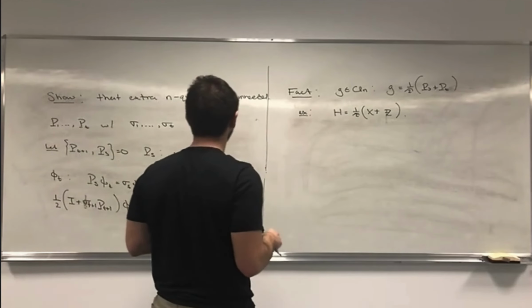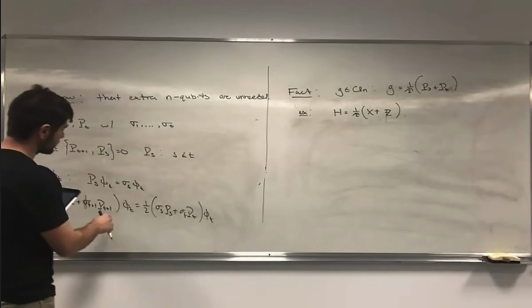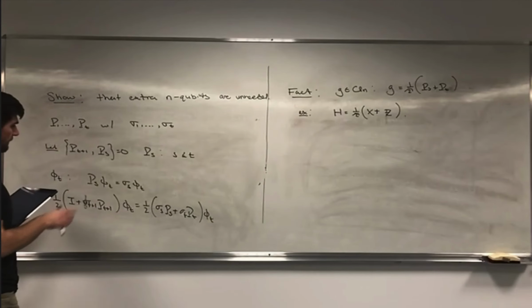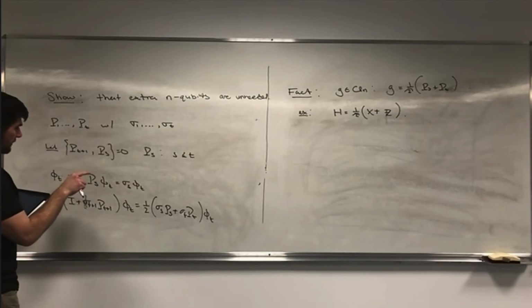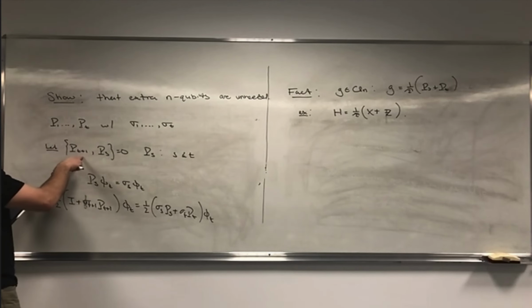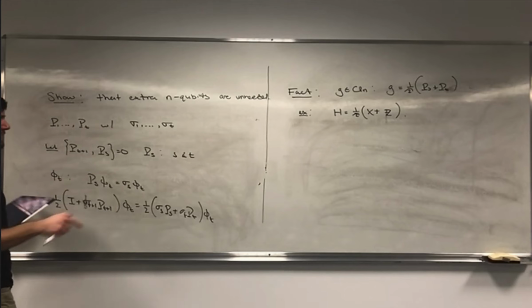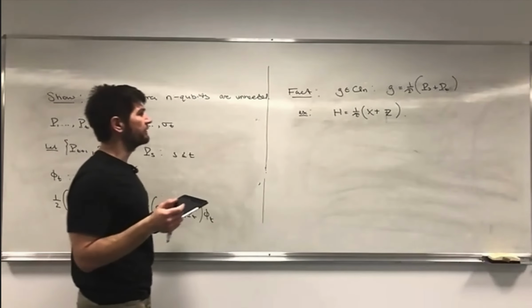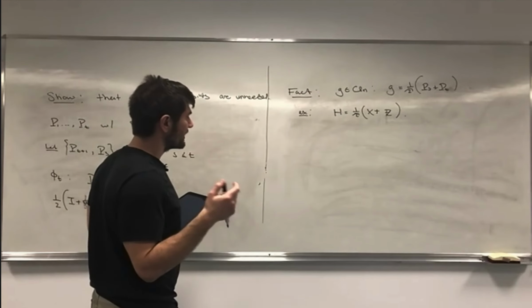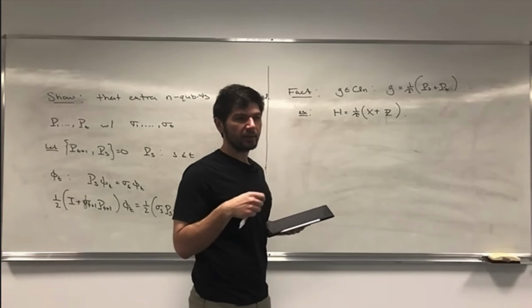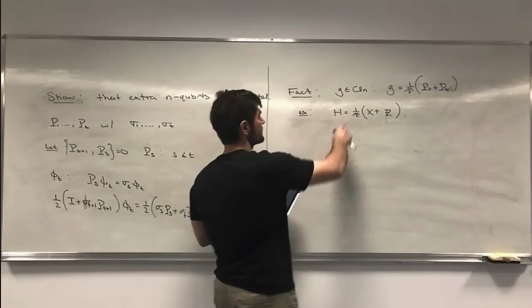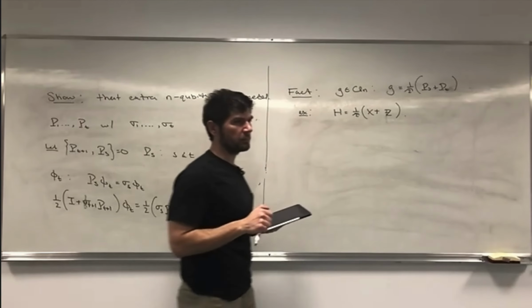So what is the upshot of this? What it says is that when I measure pt plus 1, which anticommutes with the previous ones, I will get a random outcome with 50% probability. What that turns out to be is the same thing as applying one of these Cliffords with 50% probability.